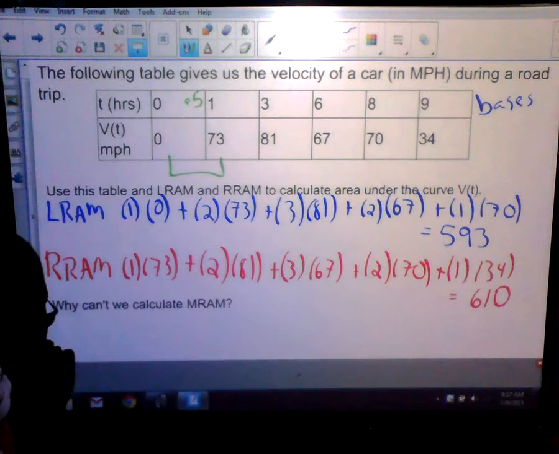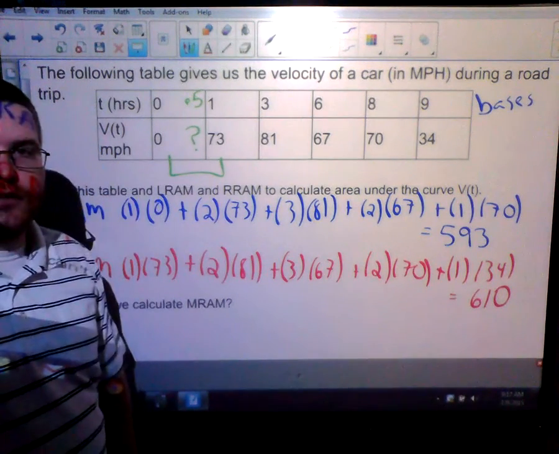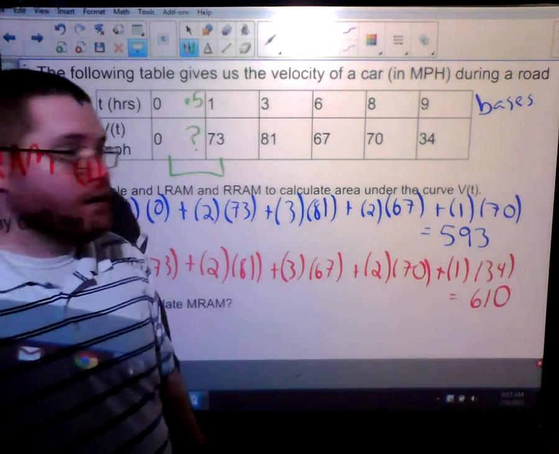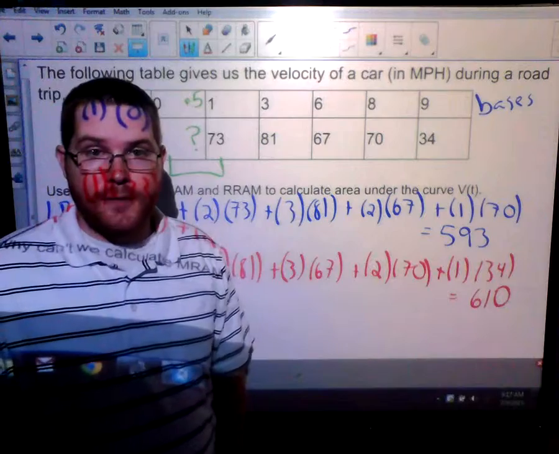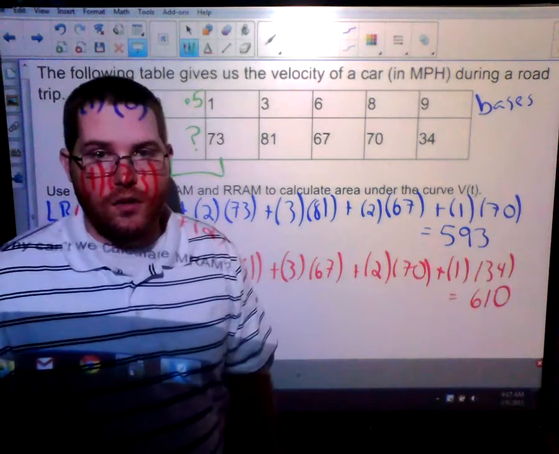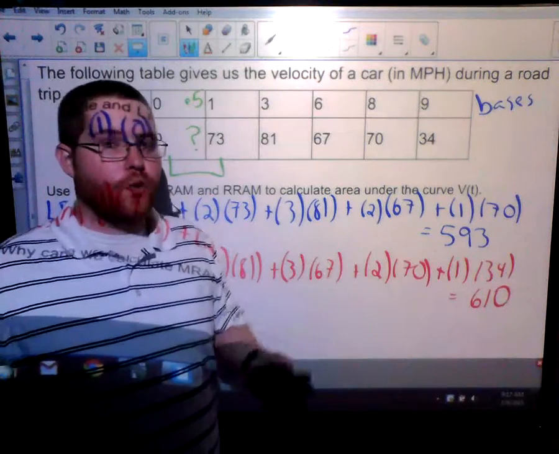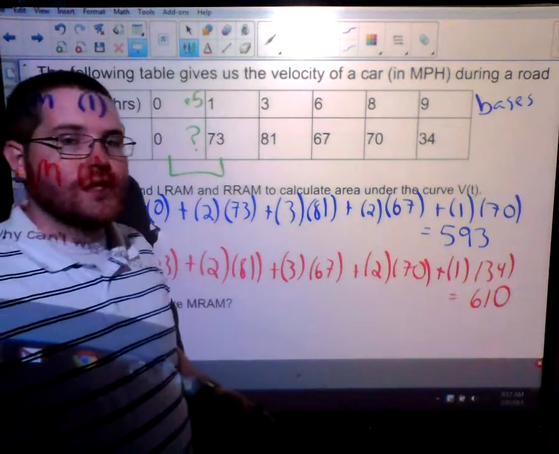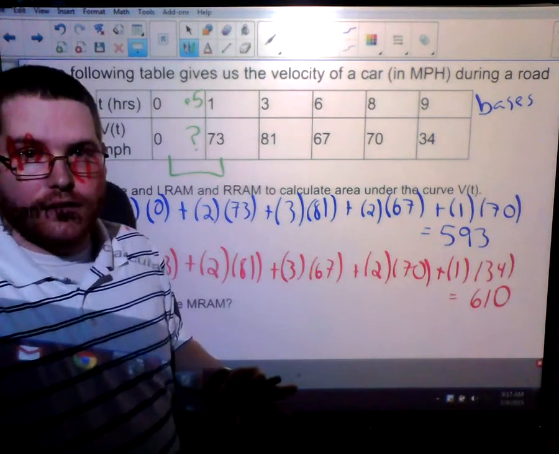That's easy. But I don't know what's going on between those two. Maybe it's a line. Maybe it's a curve. But we don't know what is going on between 0 and 73. Maybe it is exactly in the middle. Maybe it is exactly 36.5. But maybe it's way above or way below. I don't know what's happening between 0 and 1. And there's no way to know that answer.